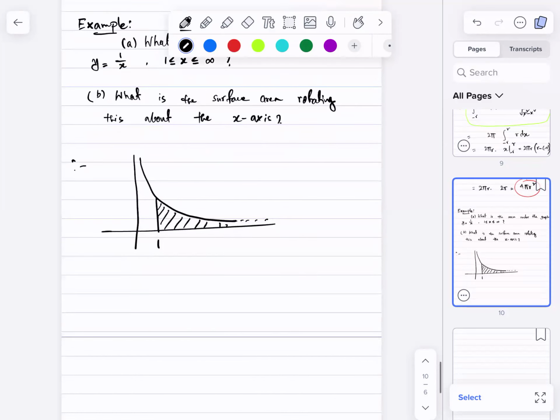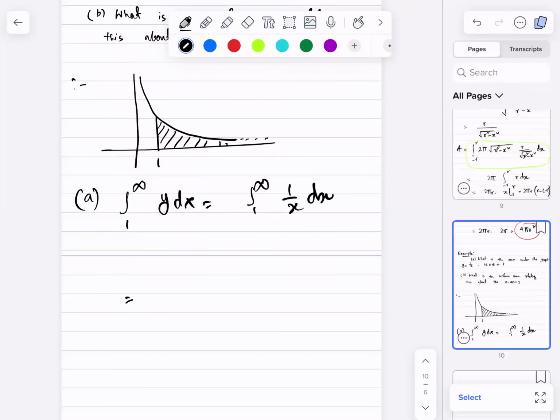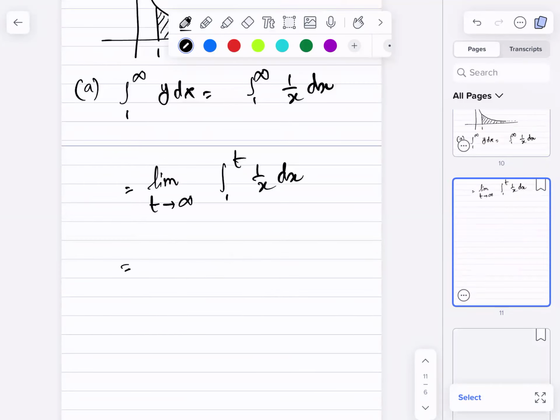So for A, we take the integral from 1 to infinity of y dx, which is the integral from 1 to infinity of 1 over x dx. This is improper integration, so you have to take the limit as t tends to infinity of the integral from 1 to t of 1 over x dx. That will be ln t minus ln 1. So I'll do it in steps: ln x from 1 to t, and then the limit as t tends to infinity.